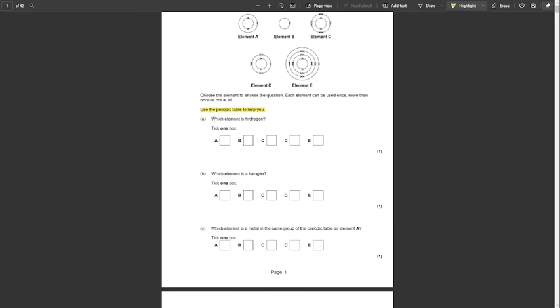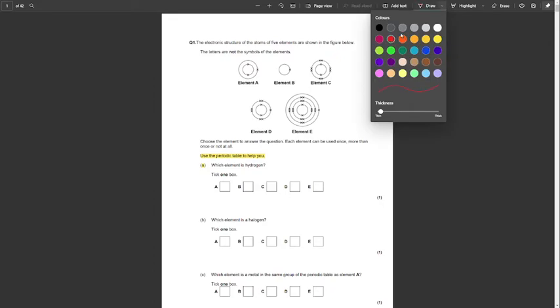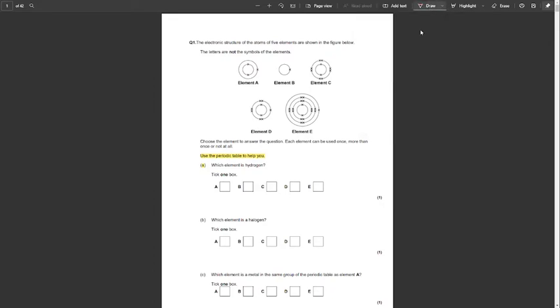So this first question, A, which element is hydrogen? We know it said use the periodic table to help you. So we're going to single out elements that aren't relevant in this case.